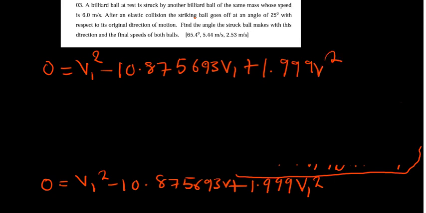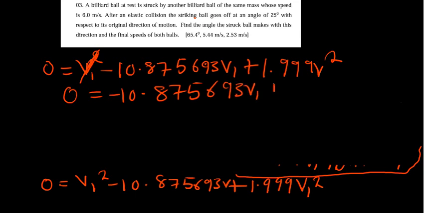Remember earlier that we had cancelled out this v1 squared. It cancelled out with the other one on this side, so we no longer have this. So our equation is 0 is equal to negative 10.875693 v1 plus 1.999 v1 squared.